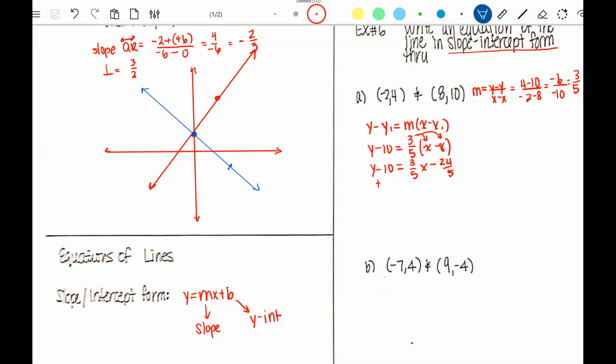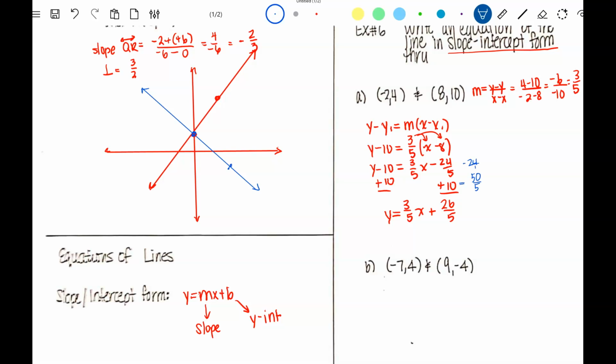So now I'm going to add 10 to both sides. Okay, -24/5 plus 10 is 26/5 because 10 is the same as 50/5.